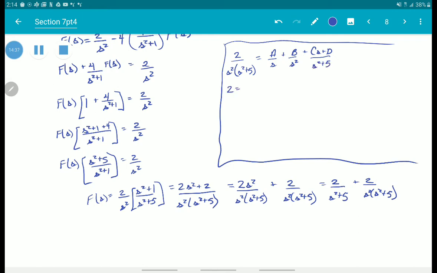So 2 is equal to As times (Cs plus D) plus B times (Cs plus D). I'm just kidding. A is missing an s and an s squared plus 5. B is missing the s squared plus 5. Cs plus D is missing the s squared.